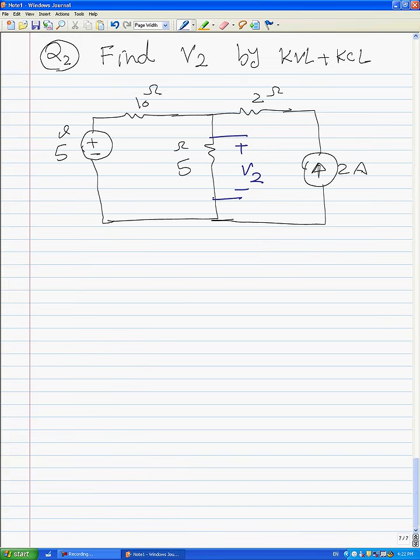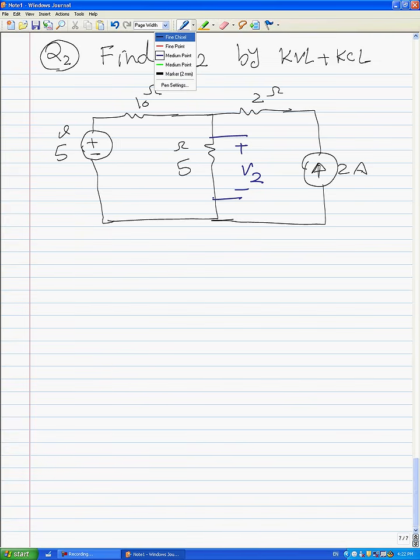In the next tutorial, we will solve questions like this by node and mesh schemes. But now we want to solve this question by applying KCL and KVL rules.